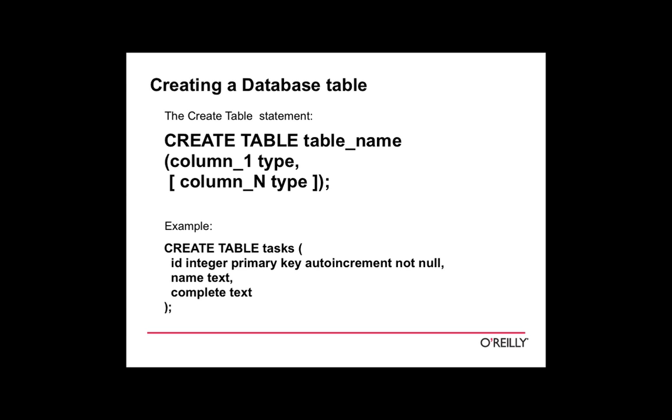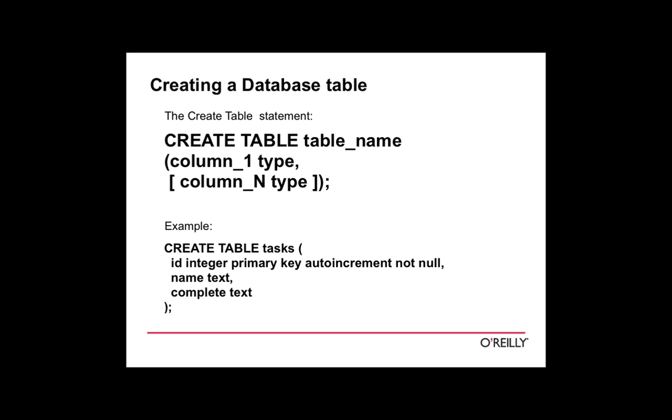And if we deleted 2, it may be 2 the next time we insert a task, or it may be 3. But in any case, it's up to the database to deal with that, so we don't have to deal with that in our code, which is nice. And then at the end is a little phrase, not null, which makes sure that the database will not allow that ID to ever be null.